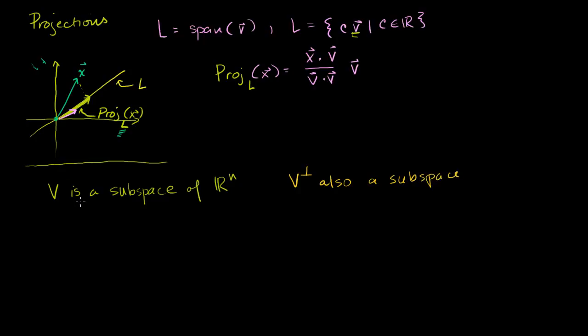Then if we have these two subspaces, you have a subspace and you have its orthogonal complement, we already learned that if you have any member of Rn, so let's say that x is a member of Rn, then x can be represented as the sum of a member of V and a member of the orthogonal complement of V, where the vector v is a member of the subspace V, and the vector w is a member of the orthogonal complement of the subspace V. Just like that.